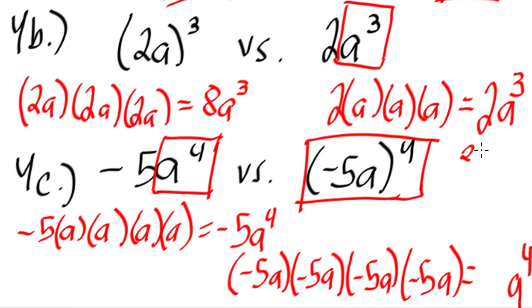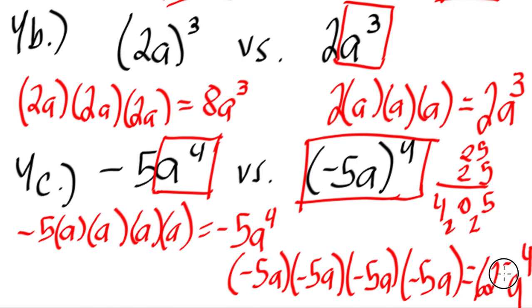Maybe we can solve it here. 25 times 25. Okay, so what's that? So we have 10 plus 10, that's 20, and then we have 25. So what do we have? 625.